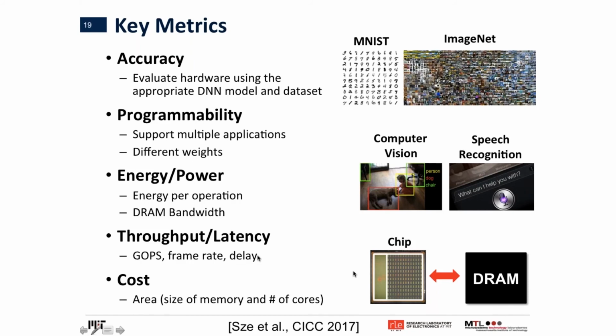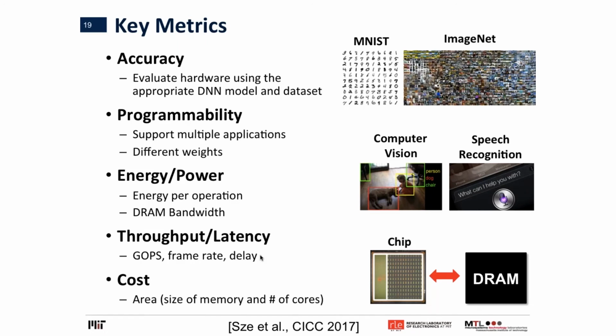Next, we also obviously care about throughput and latency. You want, for instance, your hardware or system to be running at a reasonable frame rate. If it's in the cloud, you want to be able to potentially parse through a lot of data for high throughput analytics. Latency is also important. Depending on whether you need a certain reaction time, for example for speech recognition or even for navigation, you want to make sure that you're able to deliver the results very quickly.